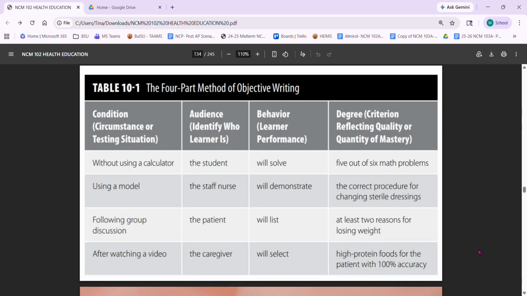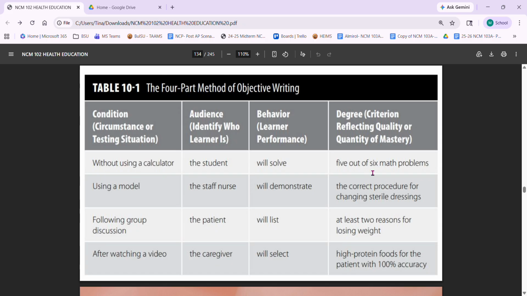So, before I give an example, this is a 4-part method of objective writing. Dito makikita mo, si condition, si audience, si behavior, at si criterion. So, without using a calculator, that's your condition. The student, yung audience mo, will solve what? 5 out of 6 math problems.